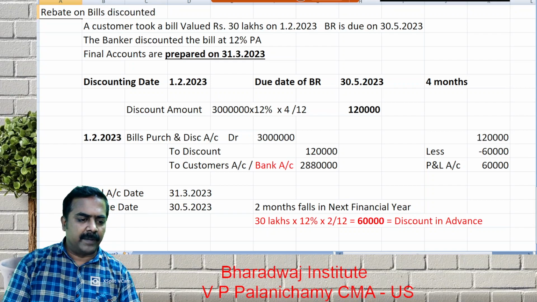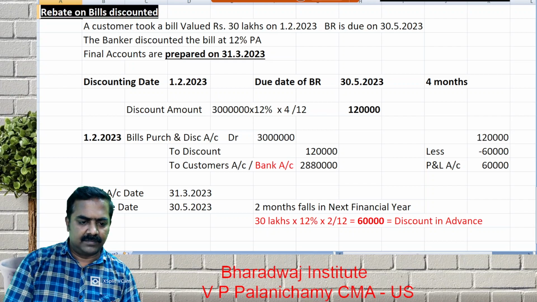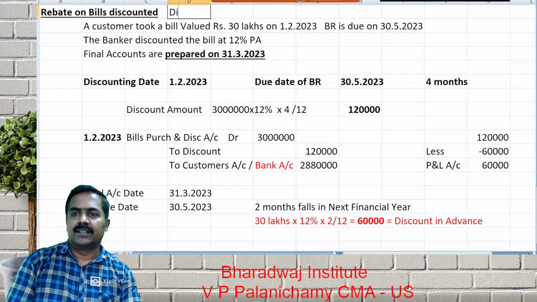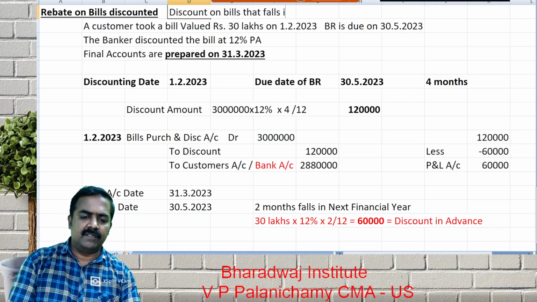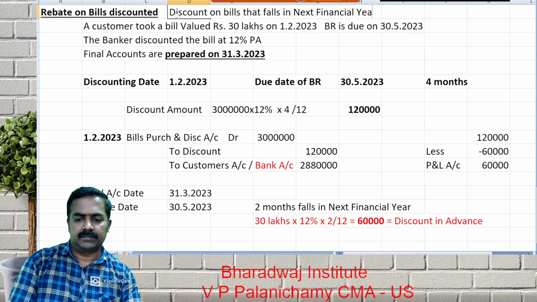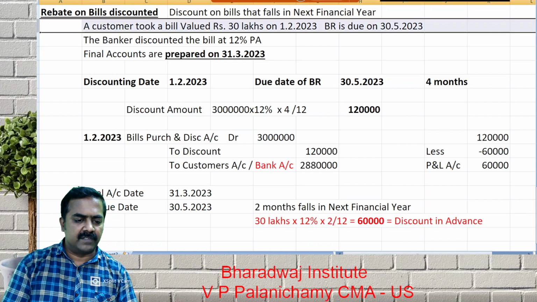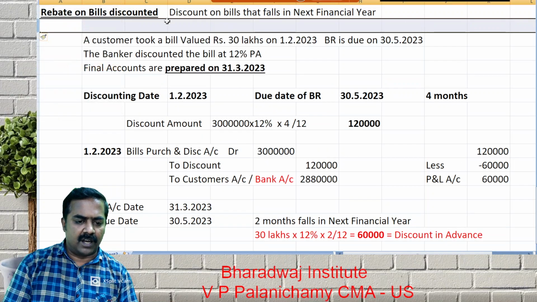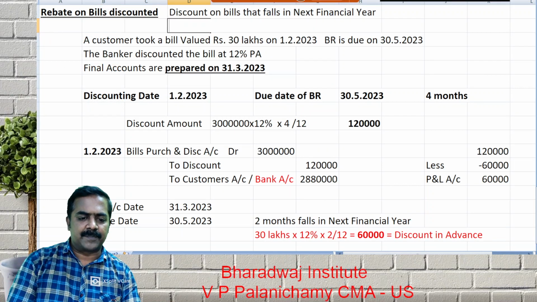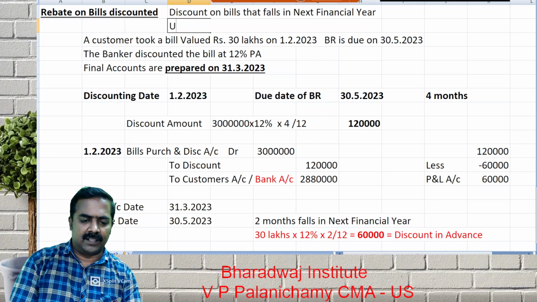What do you mean by rebate on bills discounted? Discount on bills that falls in which year? Next financial year. Or you can say unexpired discount. Otherwise, discount for unexpired period.